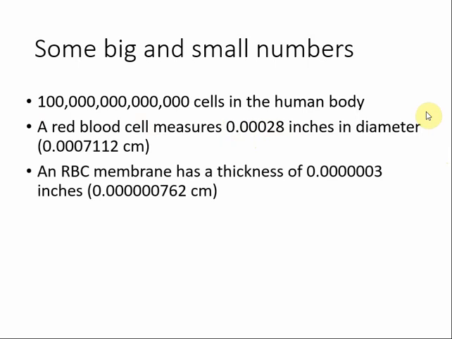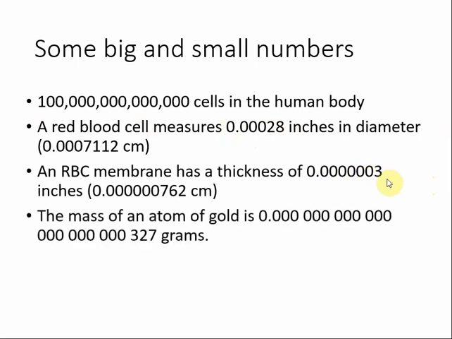A red blood cell membrane has a thickness of 0.0000003 inches. Or the weight or mass of an atom of gold is 0.000000000000000000327 grams. That's a very small number.